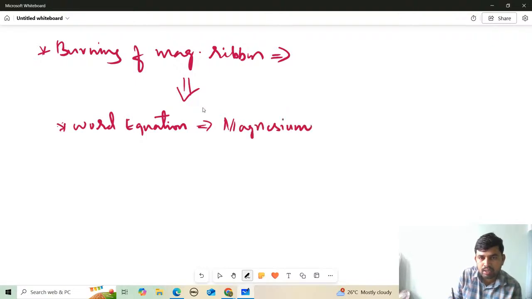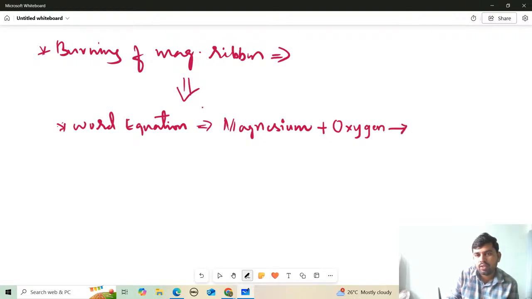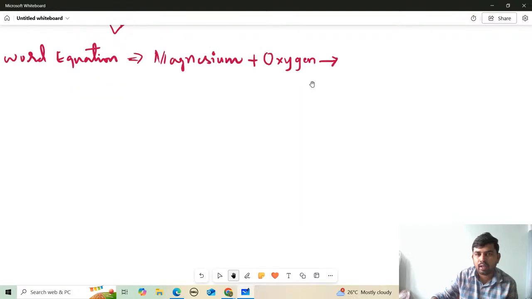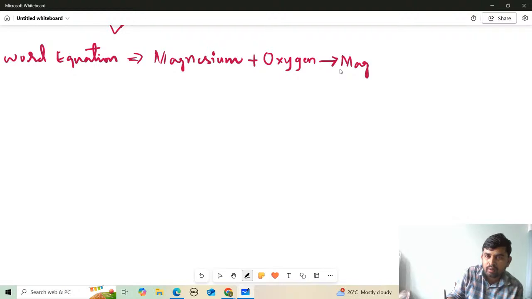Magnesium takes part in the chemical change. We burn it, so we require oxygen, so I am writing oxygen here. After burning, what did we get? We got a new substance called magnesium oxide.